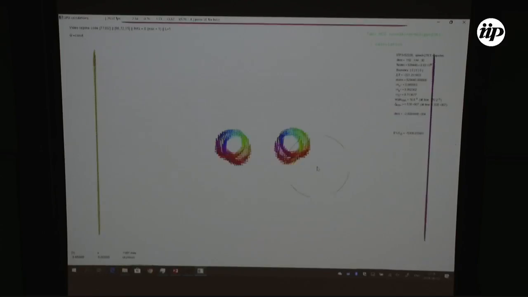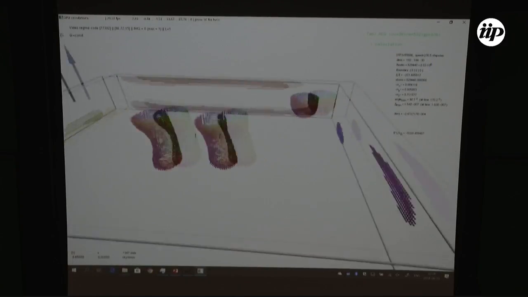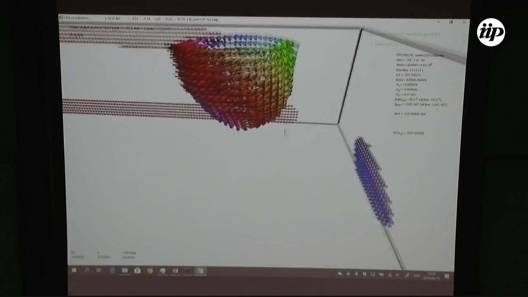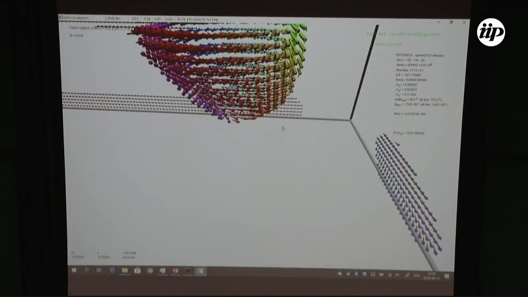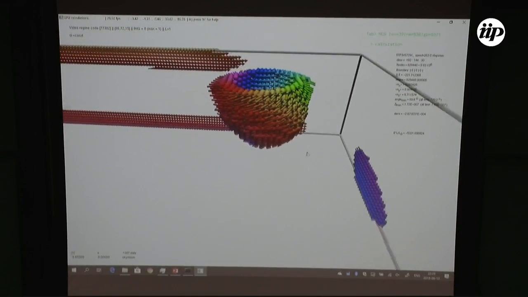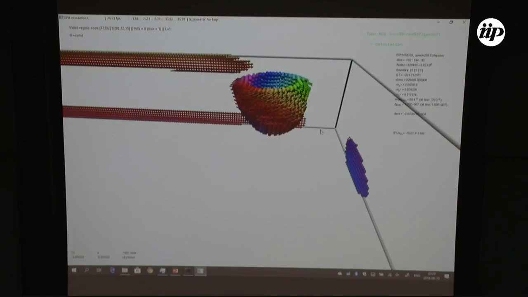But there is an even more interesting phenomenon in 3D. And this phenomenon is this guy. This is a specific kind of soliton which was unknown before, and now we call it the chiral bobber.